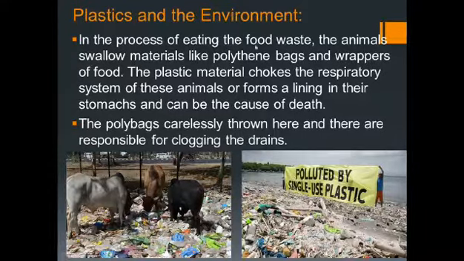In the process of eating the food waste, the animals swallow materials like polythene bags and wrappers of food. The plastic material chokes the respiratory system of these animals or forms a lining in their stomachs and can be the cause of death. The polybags carelessly thrown here and there are responsible for clogging the drains.